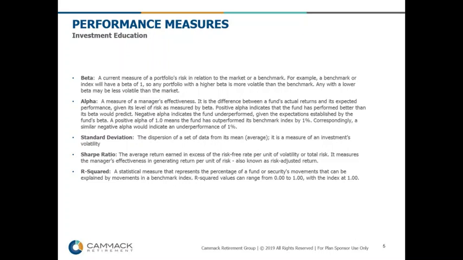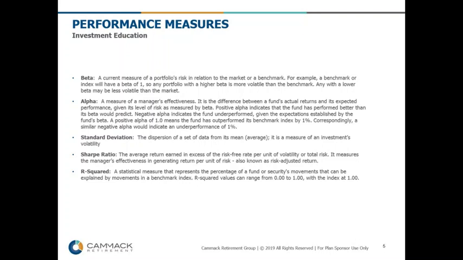So the first you see is beta, and a lot of people hear about the beta of a company. If a company, or a fund, has a beta of 1, you can expect that it will perform in line with its benchmark. So an S&P 500 index fund should have a beta of 1 because it's designed to match the benchmark.